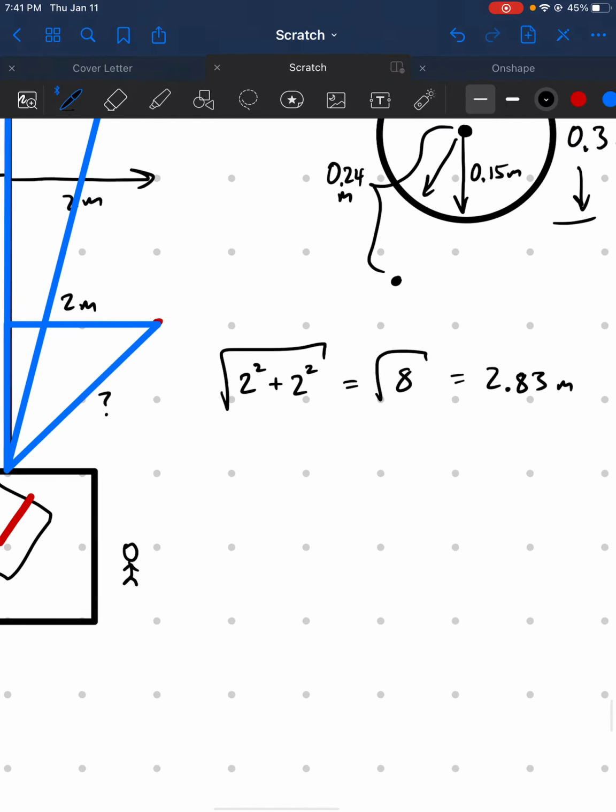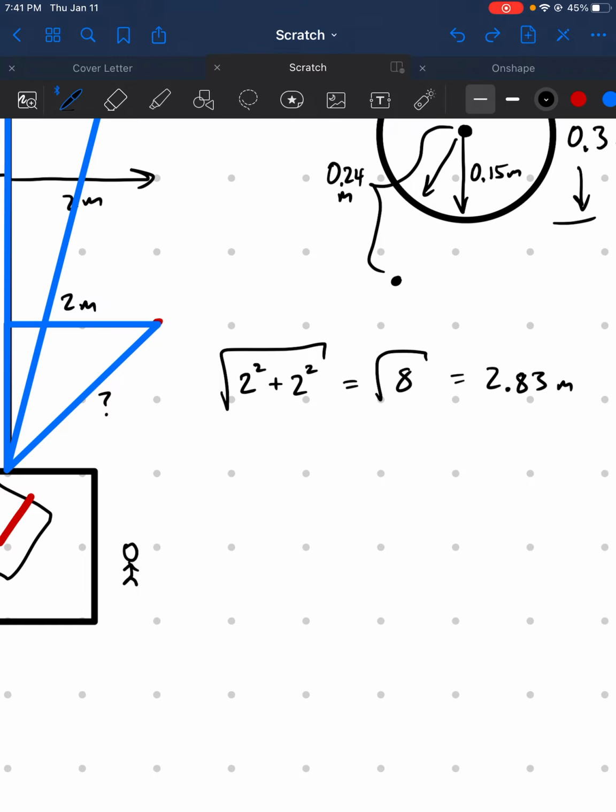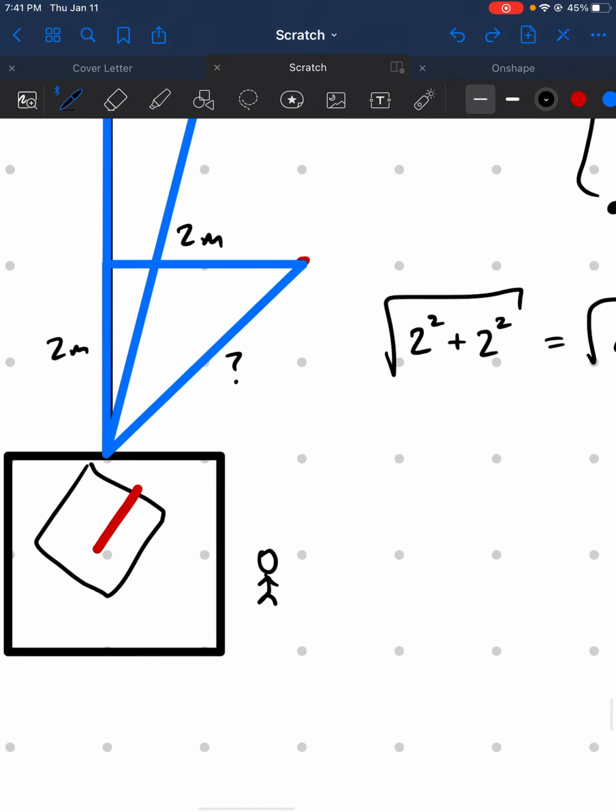Right, and now you can see that's a big portion of your overall distance that you're traveling, right? That's almost half of what you would have shot, right?